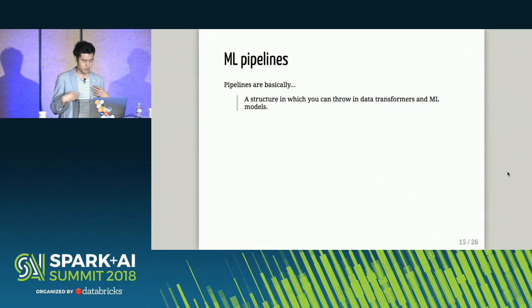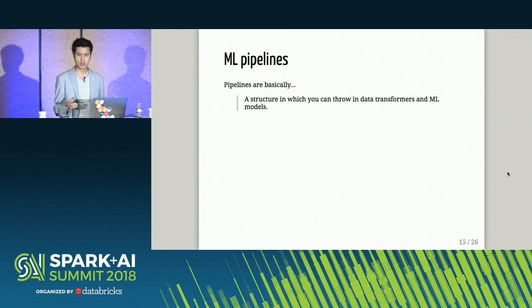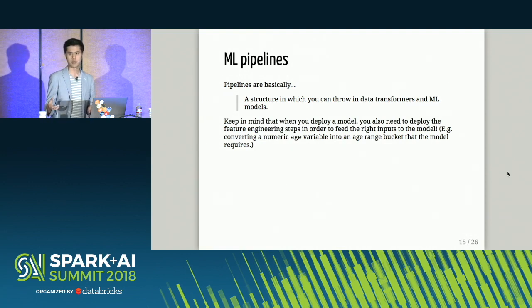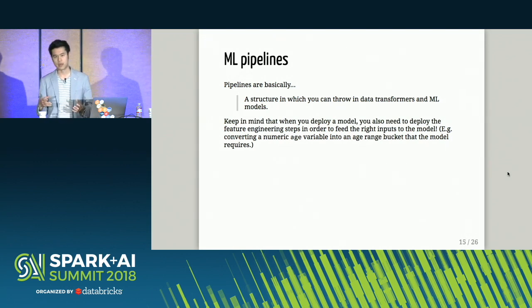So pipelines is a feature that's been in Spark for a while, but basically it's a structure in which you can throw in your data transformers and machine learning models. So if you think about it, when you deploy a model, you not only have to deploy the machine learning piece of it, you also have to worry about some of the data pre-processing that happens.